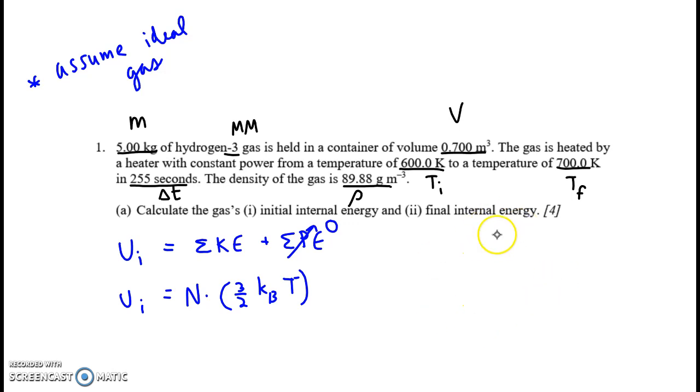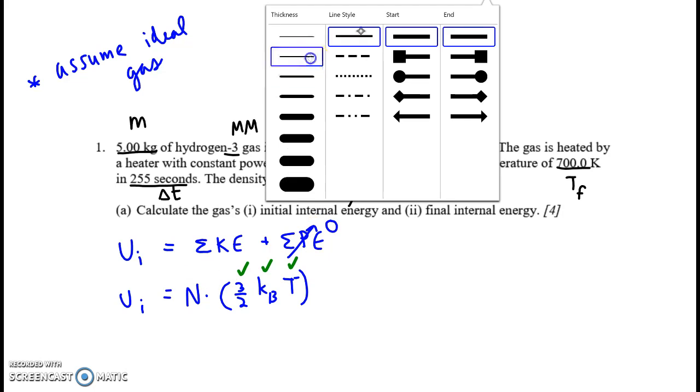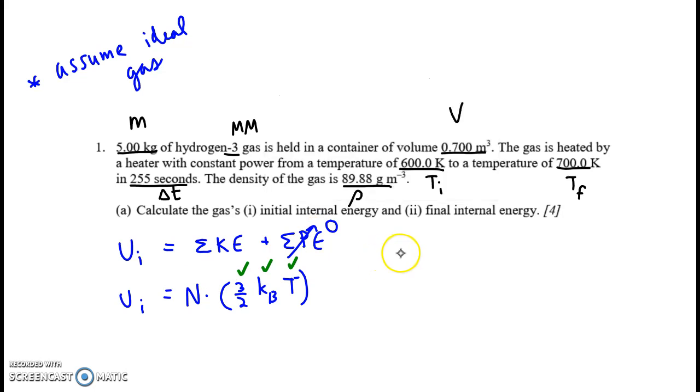We are ready to solve. We know 3/2, we know k, we know T. Wait, but we don't know N yet. So let's go find N. What equation does N appear within? Well, there's only one. It's this one. So I know Avogadro's number. If I'm going to find big N, I need to find little n first.